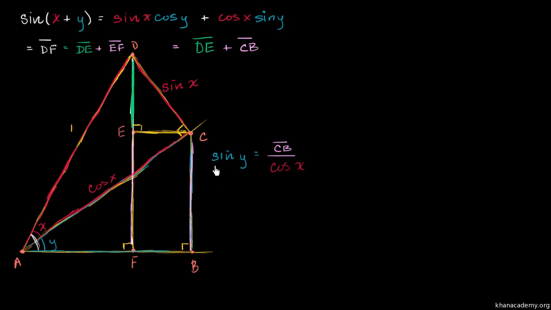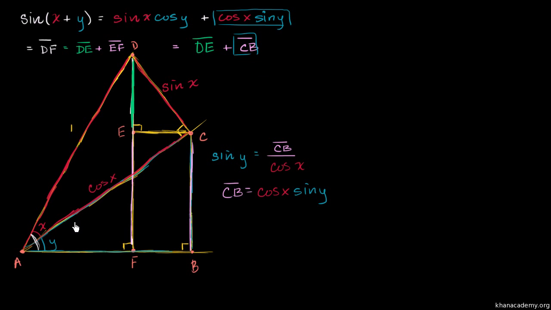So the length of segment CB, if we just multiply both sides by cosine of x, is equal to cosine of x times sine of y, which is neat because we just showed that this thing right over here is equal to this thing right over here.